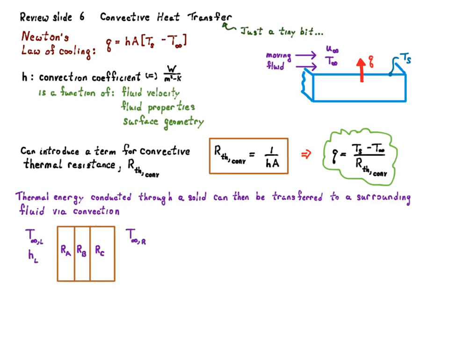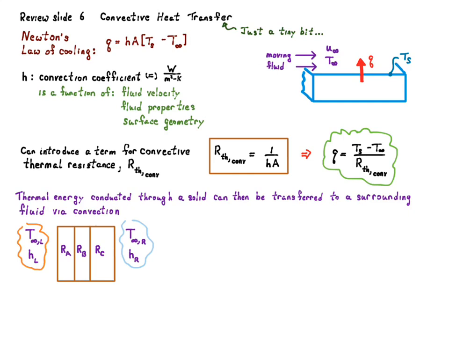And on the left-hand side and the right-hand side of this composite wall, we can have a flowing fluid. On the left-hand side, we'll call it T infinity L, and we'll have a corresponding convection coefficient, and on the right-hand side a similar situation.